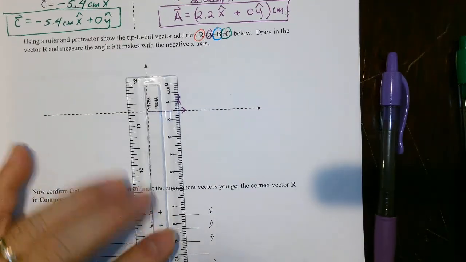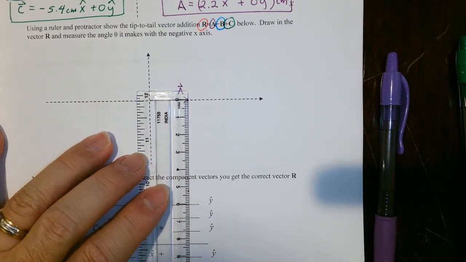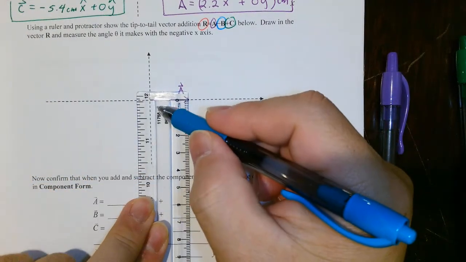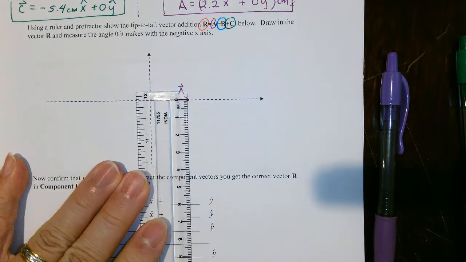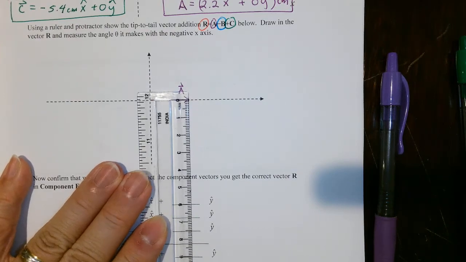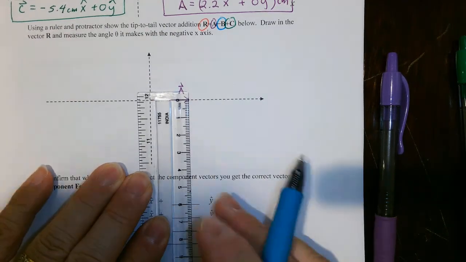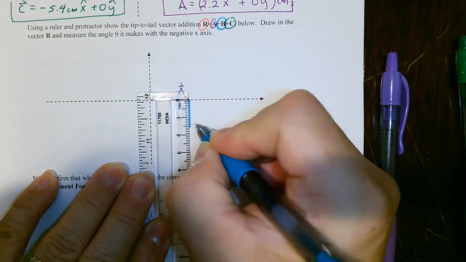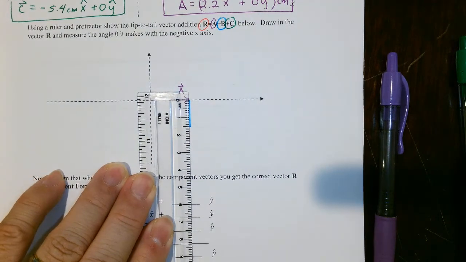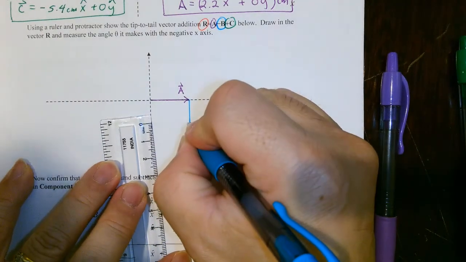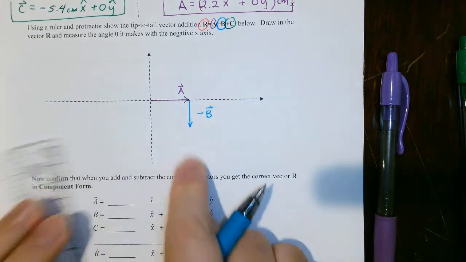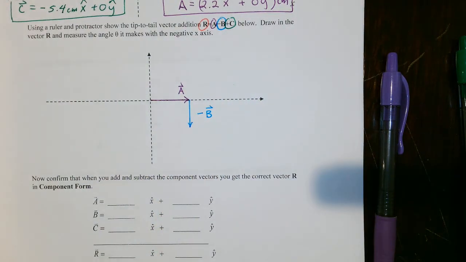So if I were to line up my ruler so that the reference line on my ruler is parallel with my y-axis and draw 1.55 centimeters along the negative y direction, that would be my vector negative B. So I added my negative B vector onto my A.